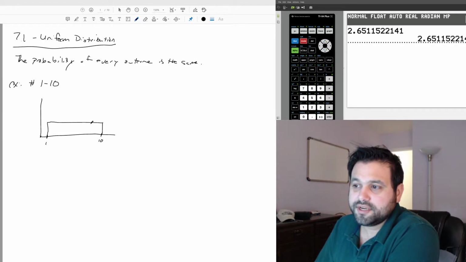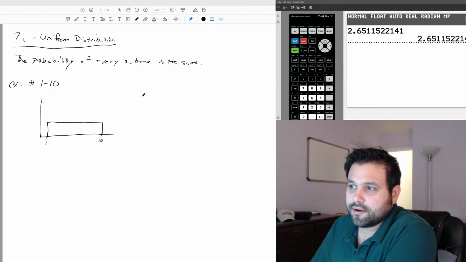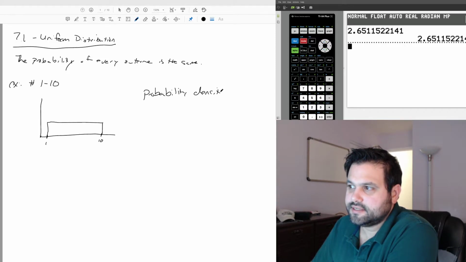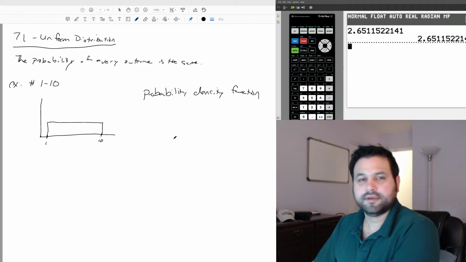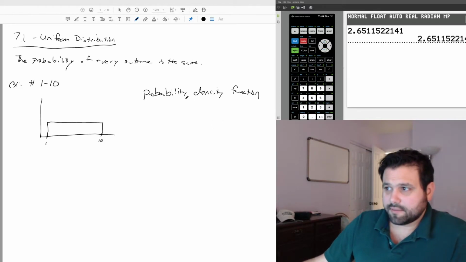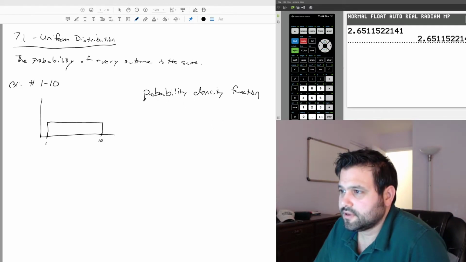So what we do here is this is essentially a probability density function. Okay, and that might seem interesting here.